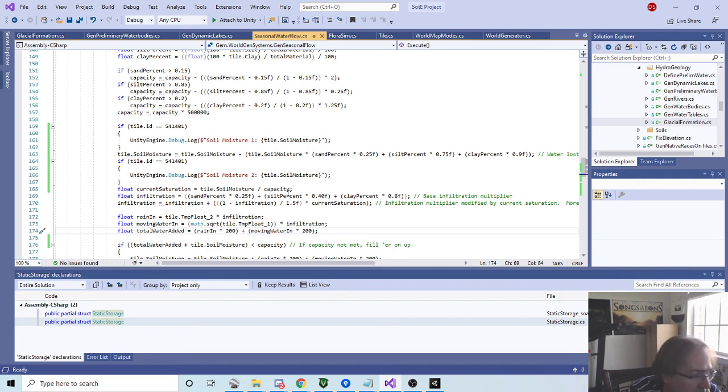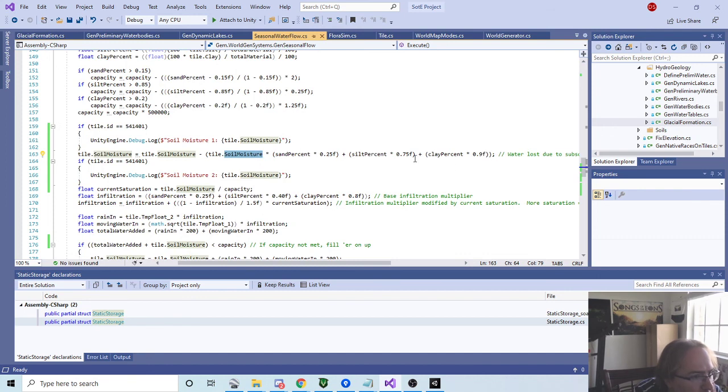If the soil moisture starts out as 0, all of this is irrelevant. It's going to get multiplied by 0. That 0 is going to be subtracted by 0, and then we're going to end up with 0.